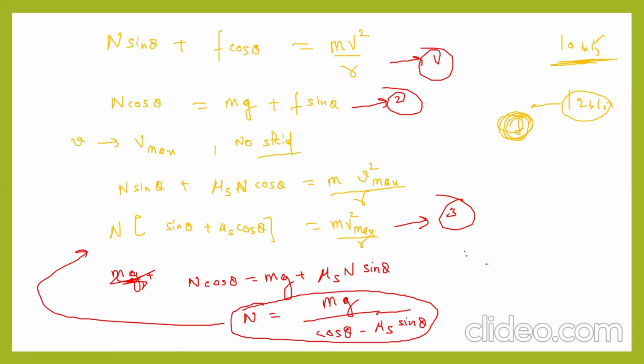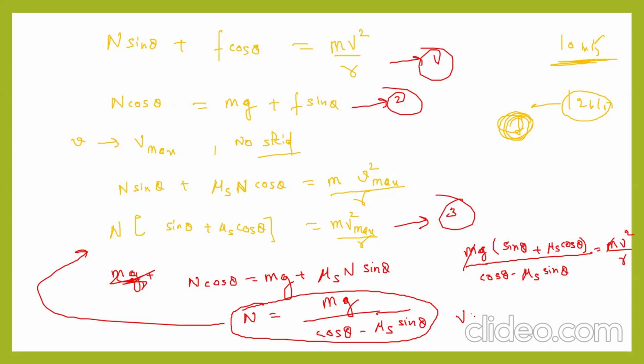It will be mg, sin theta plus mu s cos theta, equal to mv square by r. Cancel.